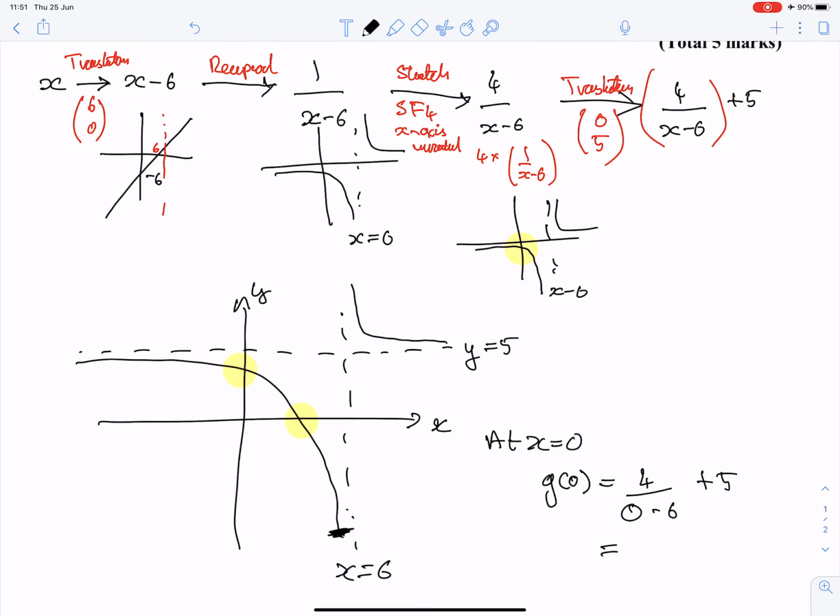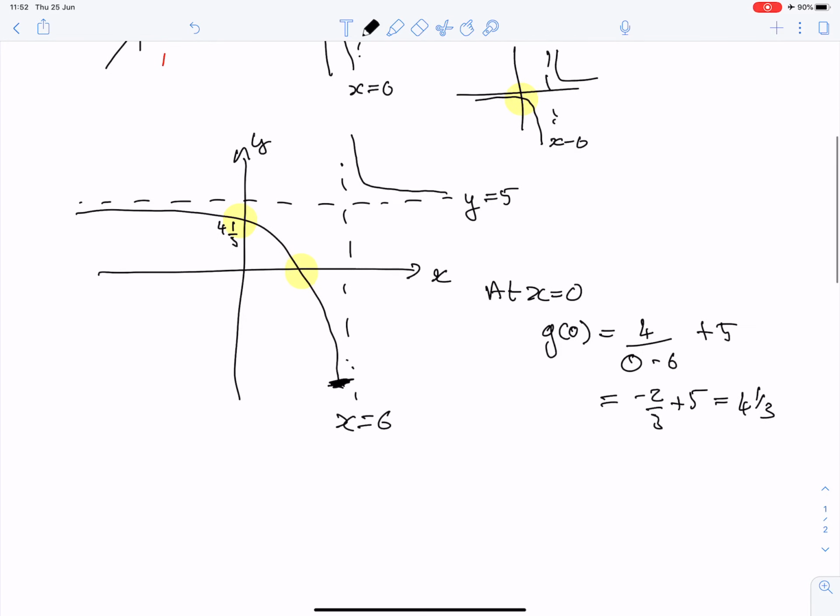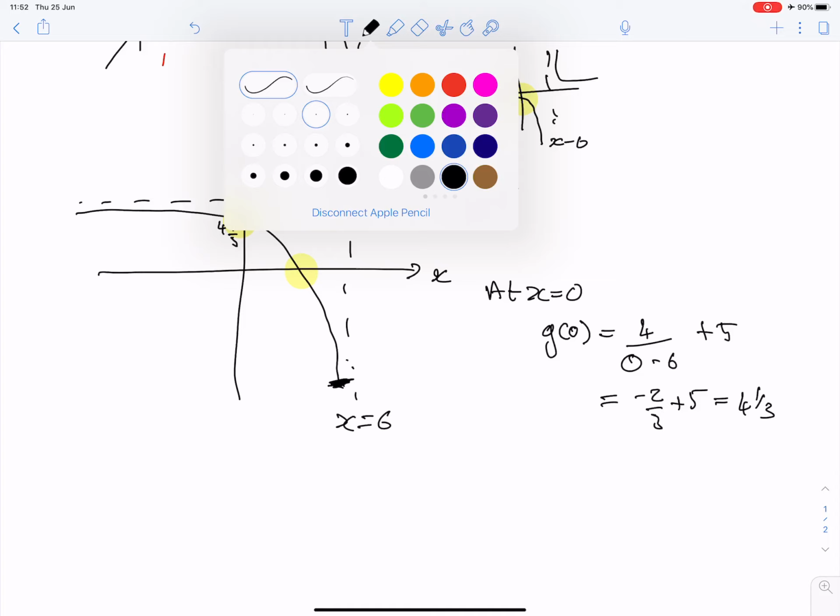So that gives us negative 2/3 plus 5, which is equal to 4 1/3, which you could write as 13/3, whichever you prefer. 4 1/3 or 13/3.